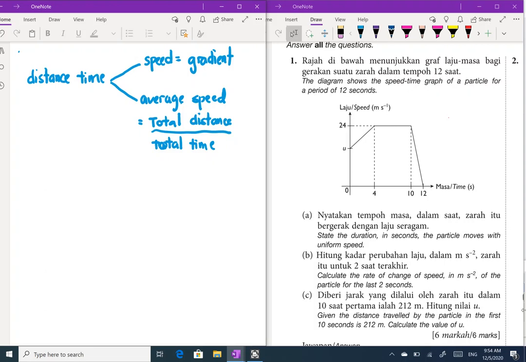Okay, so now we go and see the second graph. Second graph that we have learned is the speed time graph. If the question asks you to find the distance, it is equal to the area under the graph.